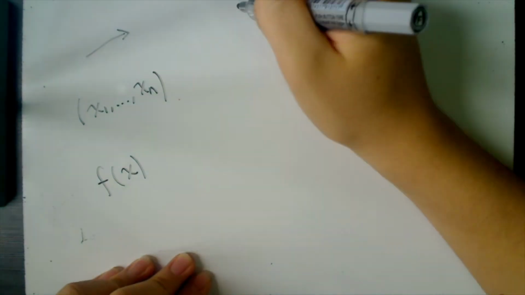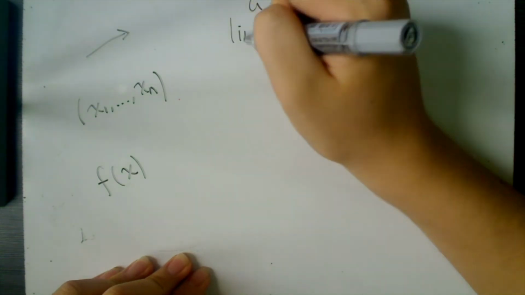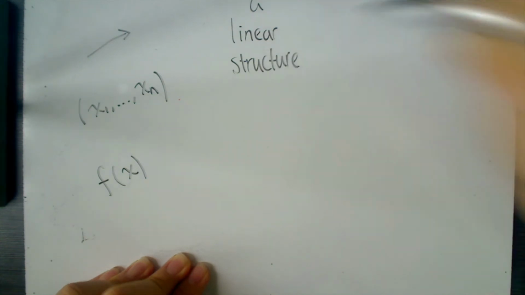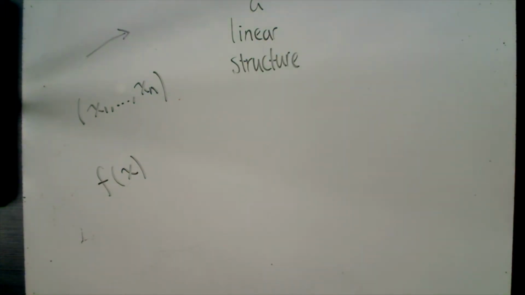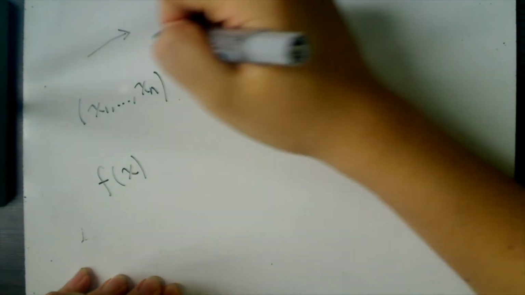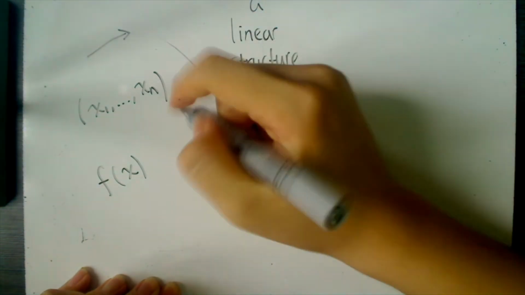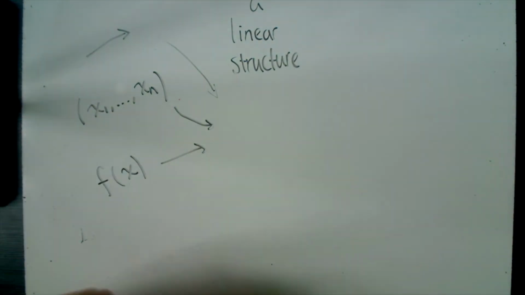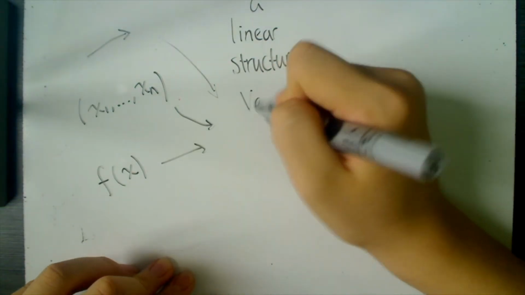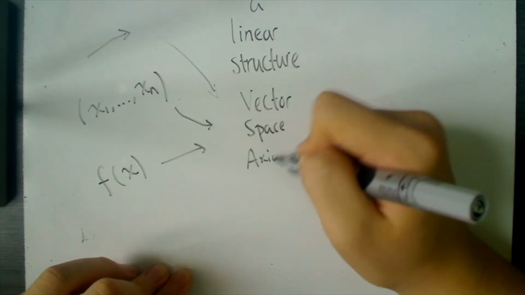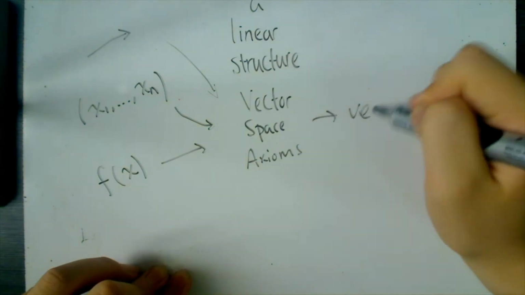They all have a linear structure. So for the purpose of linear algebra, these are essentially the same thing. So we can do the same thing like we did with rectangles and triangles. We can abstract these things and extract the properties that give them the linear structure, namely the vector space axioms, and give them the same name, which is vectors.